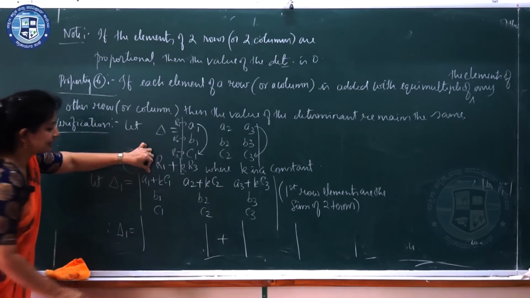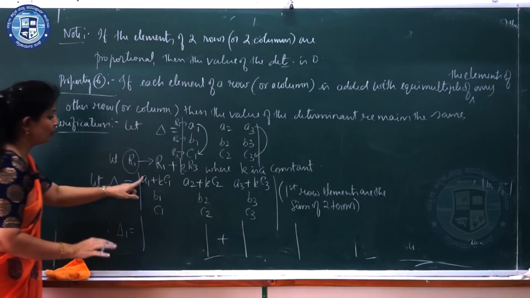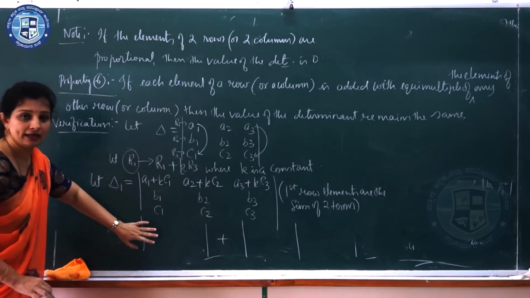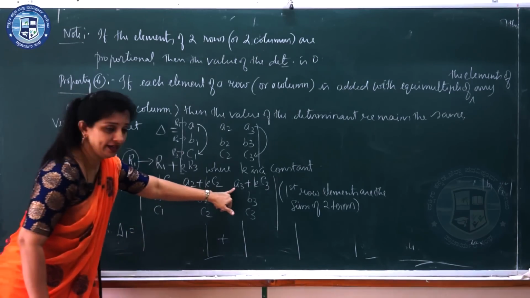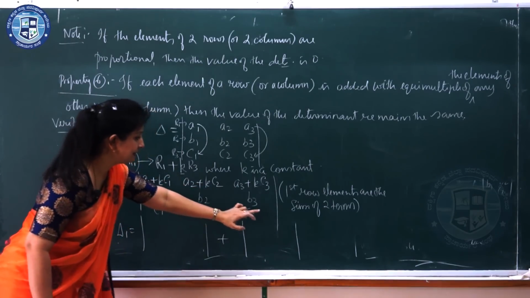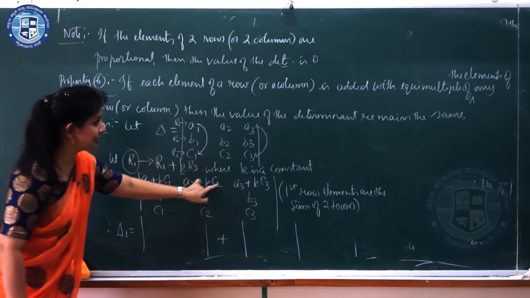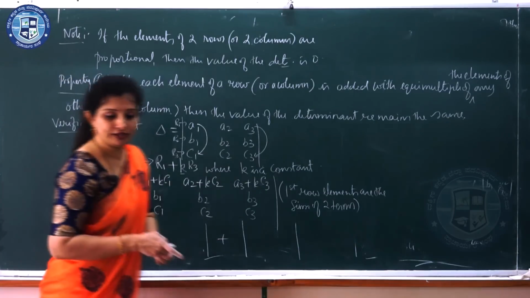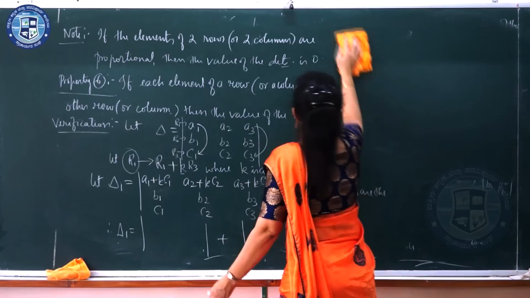The second and third rows will not change, only the first row. For the first determinant, the first row elements are A1, A2, A3. For the second determinant, the first row elements are kC1, kC2, kC3.